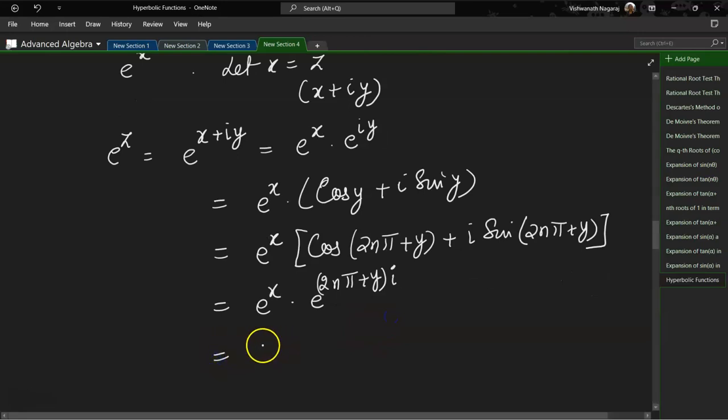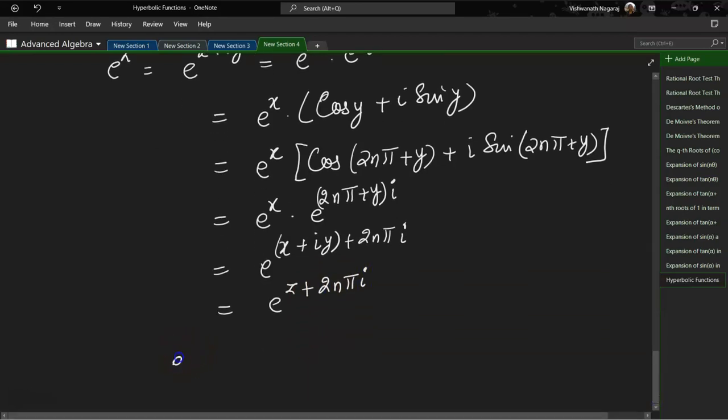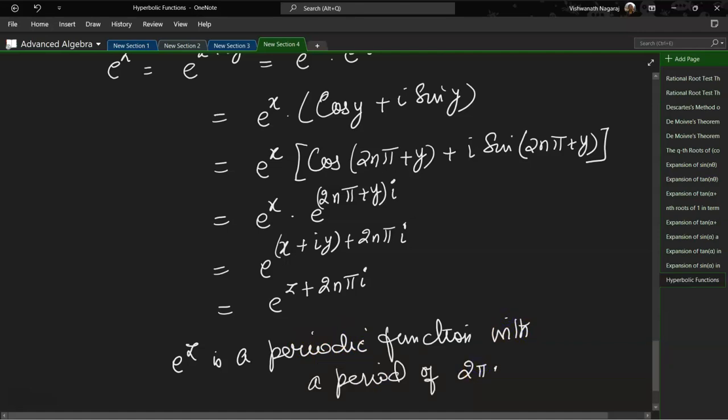Which means we can write this as e^(x+iy) plus 2nπi, because i is distributed. Okay, which means we can write this as e^(x+iy), which is nothing but z, so e^(z + 2nπi). So which means e^z is a periodic function with a period of 2πi.